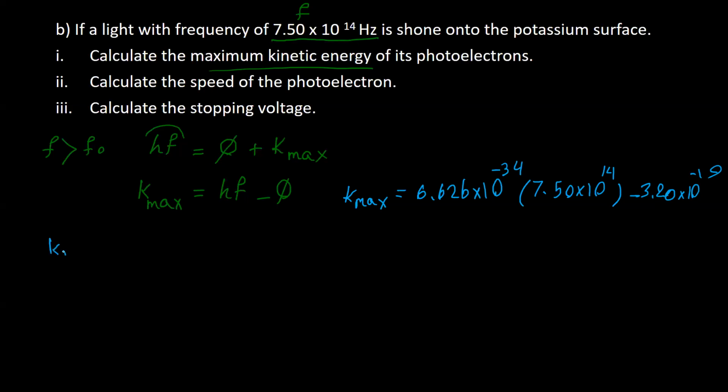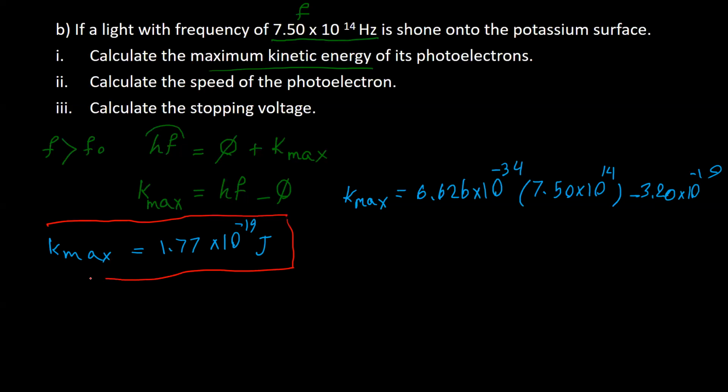As a result, K max becomes equal to 1.77 times 10 to the power of minus 19 joule. Okay. So we have our K max.